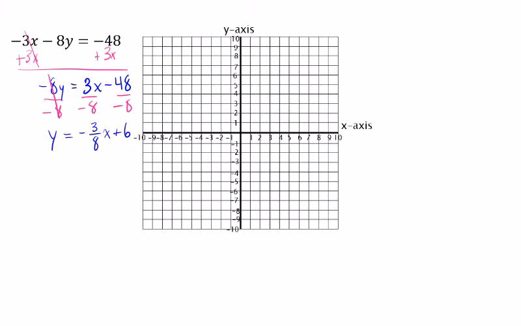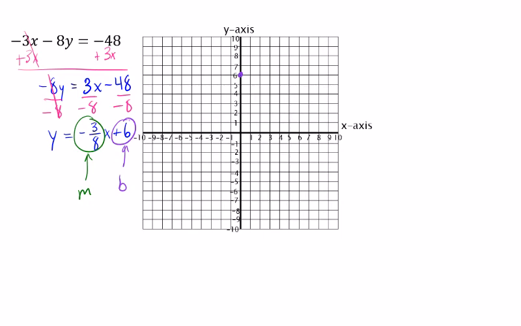So now I can see the slope is -3/8. I can see that the y-intercept is +6. So I can plot the y-intercept, and then I can use the slope to find the next point.